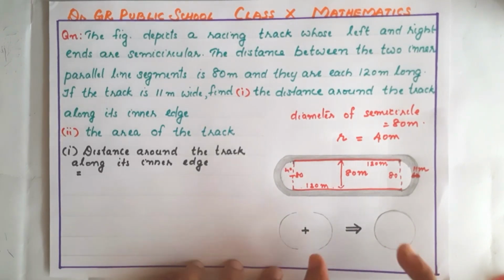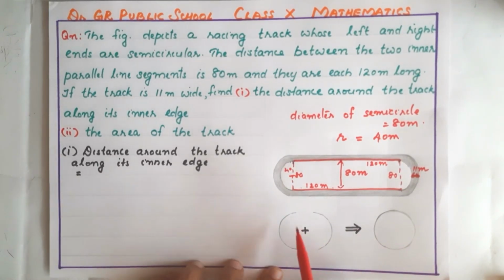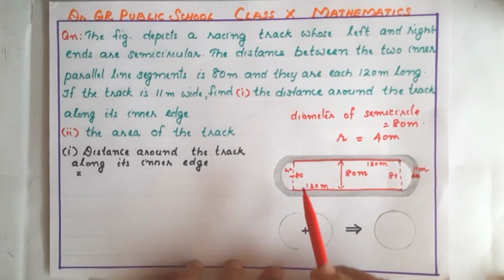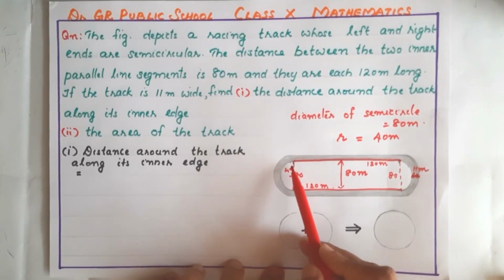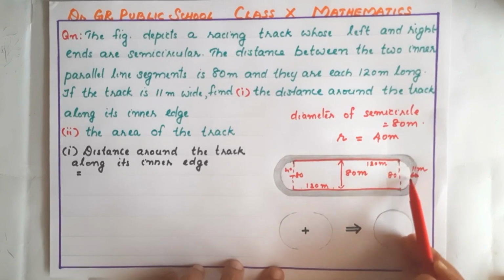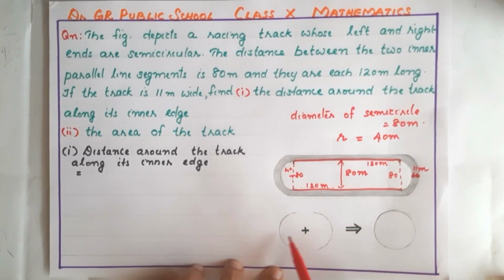So when we join two semicircles of the same radius, what will we get? One circle. Okay. So instead of finding the length of these two semicircles, we can find out the circumference of the circle, one circle. Okay, children.